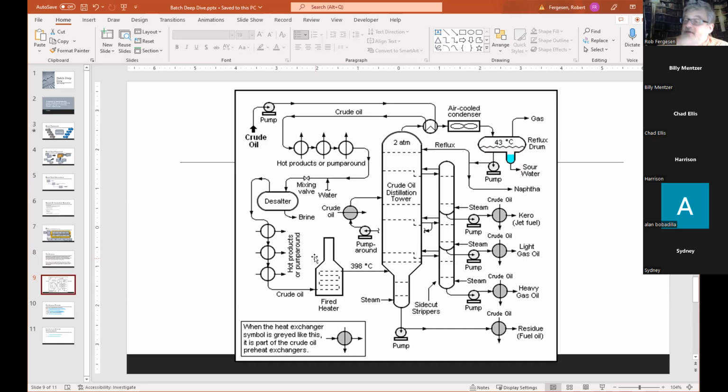And I'm not going to go into the details of how that tower works, but continuously at any time, they can open and close these valves to get more or less of the following products. They can get kerosene or jet fuel if they have a higher quality kerosene. They can get light gas oil like they would use for heating gas. They can get heavy gas oil. They can also get residue fuel oil.